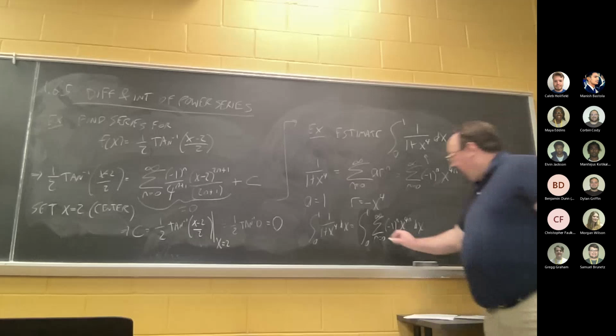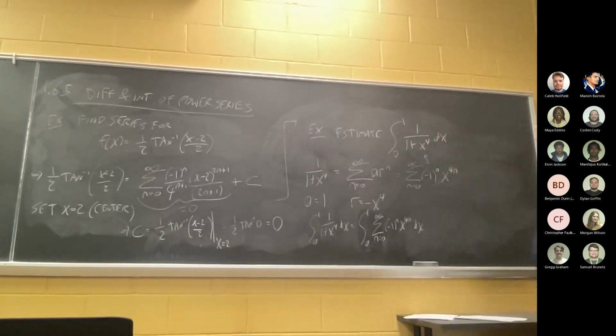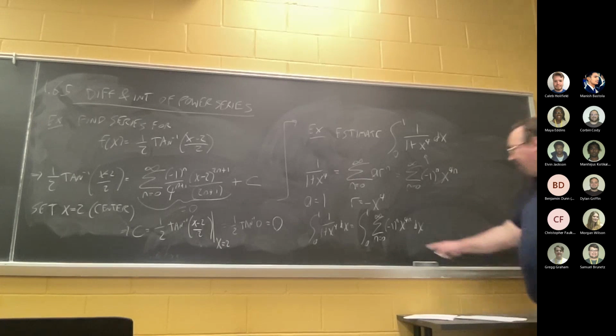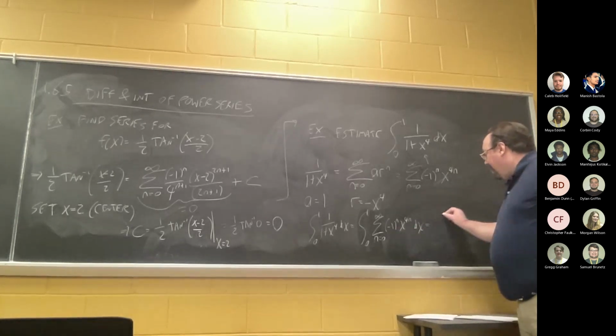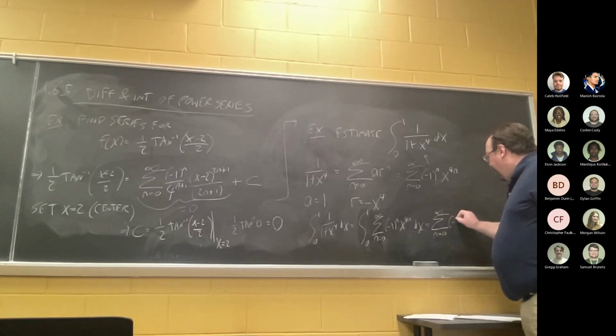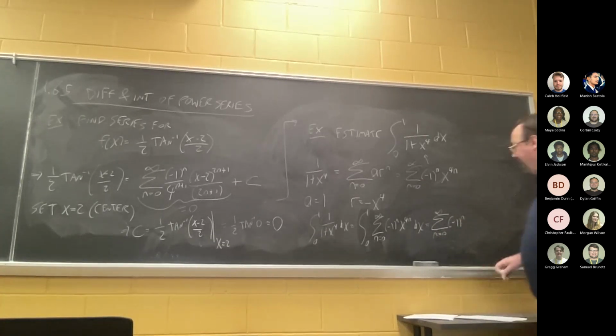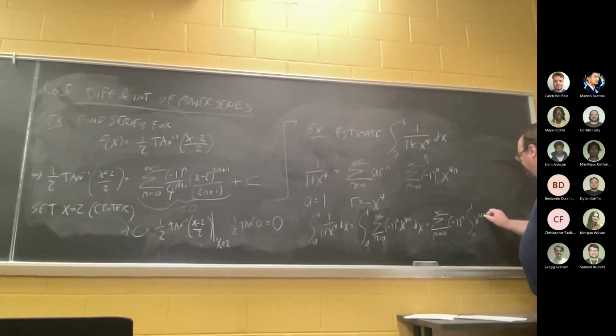Because of the linearity of the integral, the summation sign you can pull out, and anything that doesn't depend on x you can pull out. So (-1)^n also can get pulled out. So I have the sum of (-1)^n, then the integral from 0 to 1 of x^(4n).